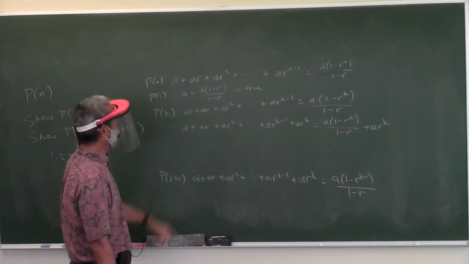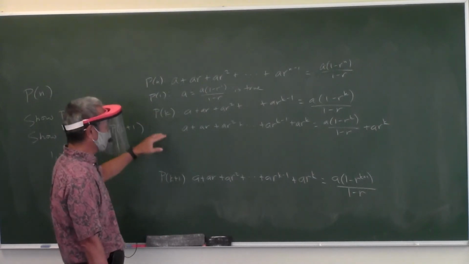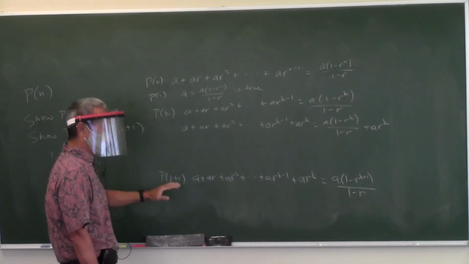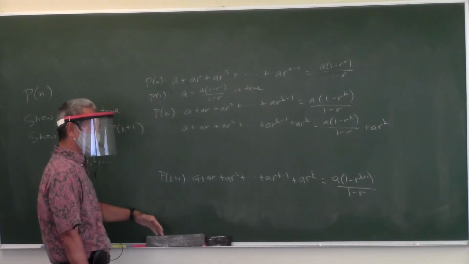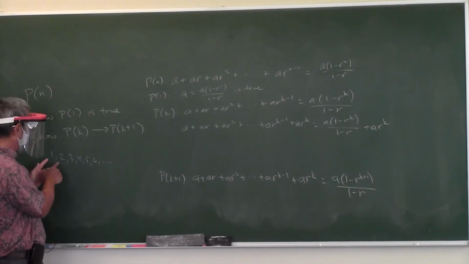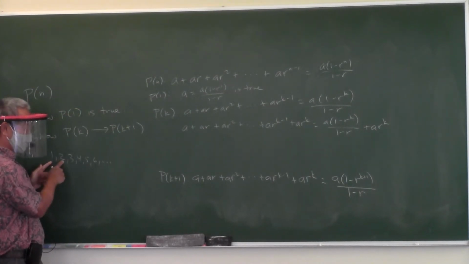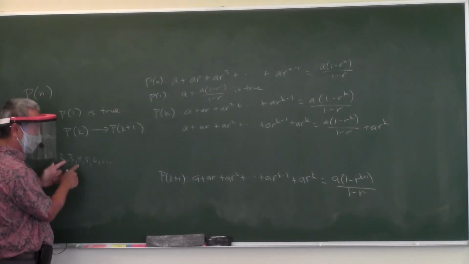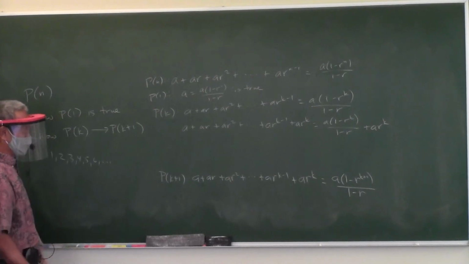Good. Now we have to show that if it's true for any integer, then it will be true for the next integer. Like I said, if it's true for 1, then it must be true for 2. But if it's true for 2, then it must be true for 3. If 3, then 4. If 4, then 5. And then it covers all the positive integers, right?